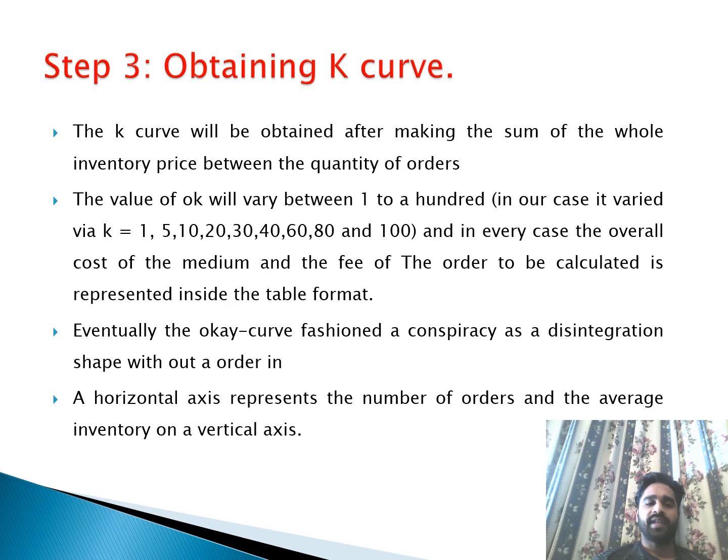The horizontal axis represents the number of orders and the vertical axis the average inventory. The K-curve methodology represents a way of classifying all items into a given number of classes with common order frequency. In simple terms, we can say that it acts as a bridge between the EOQ and Pareto models, so it represents the data more accurately.